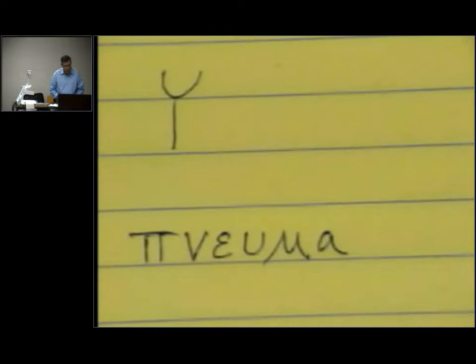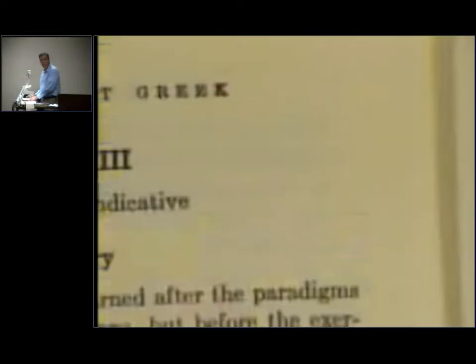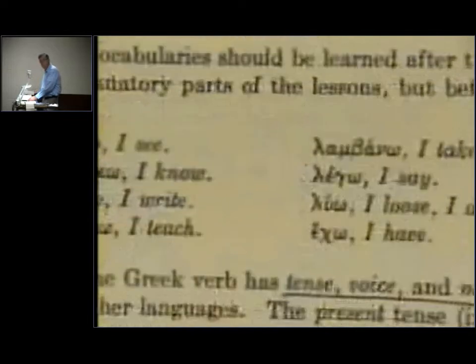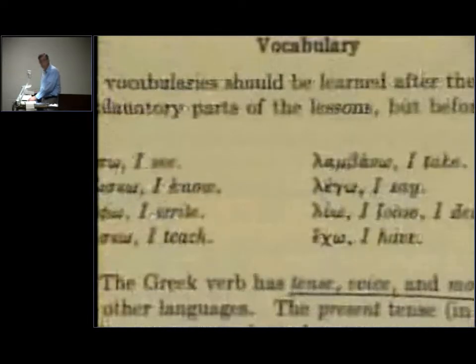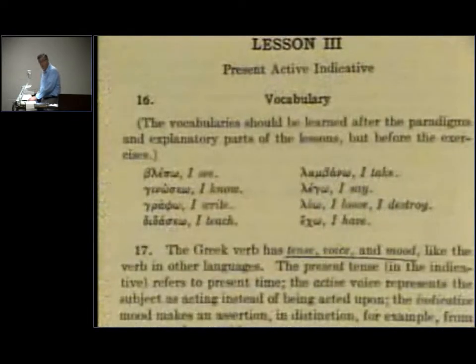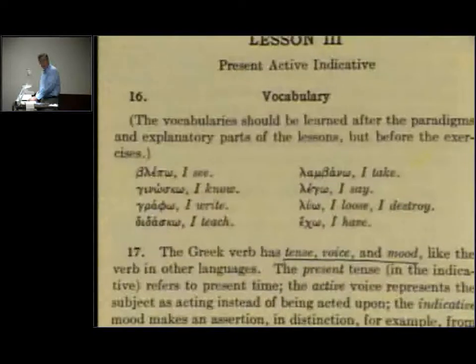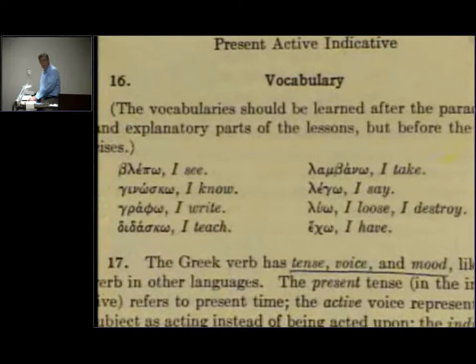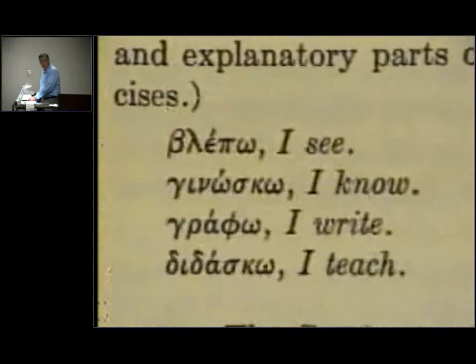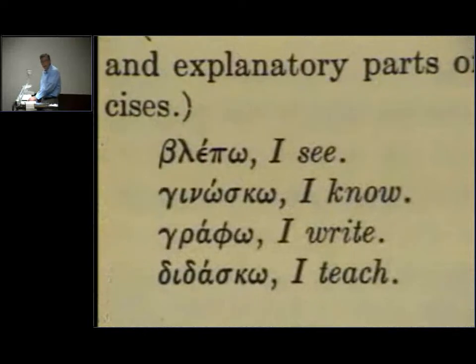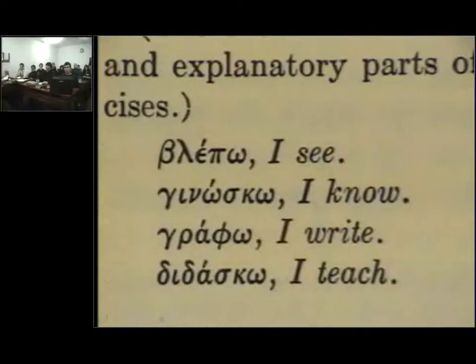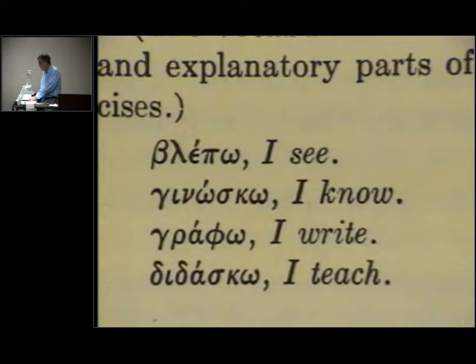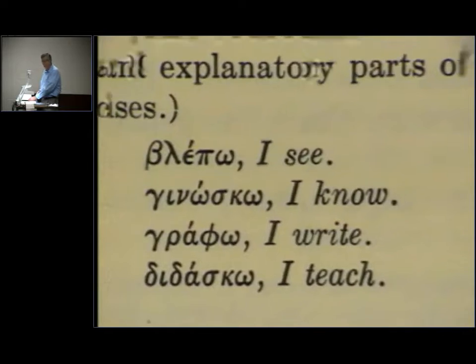And then lesson 3 in Machen has several vocabulary words, and I'll put this up here. I want them to learn those words, and we're going to talk about the present active indicative verbs next time.